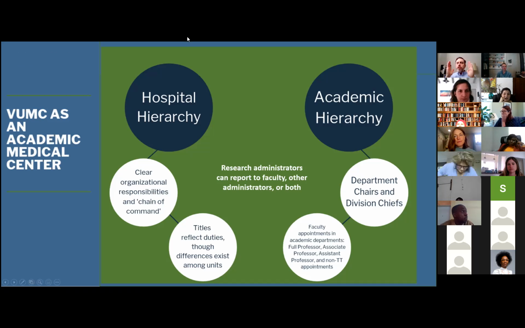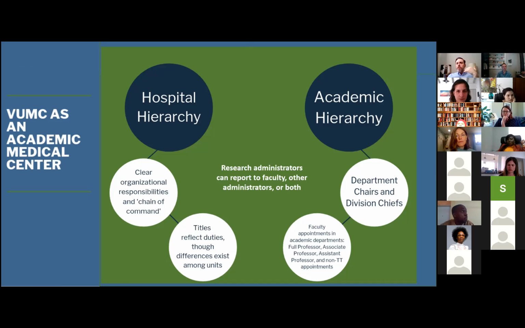there might be two kind of parallel hierarchies operating within the organization. So in this case, I've got a hospital hierarchy on one side where there's clear organizational responsibilities. There's kind of a chain of command, and the job titles are more administrative, right? Like you might hear terms like a vice president, a director, accountants, administrators, right?